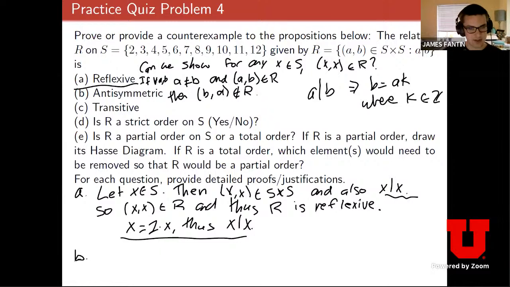So if you had (2, 3) in the cross product, (3, 2) will be in the cross product. Right. But to be added to the relation, we need the added constraint that A divides B. So we're looking at all of the elements of S cross S where A divides B. And if that happens, then the tuple (A, B) is in the relation.